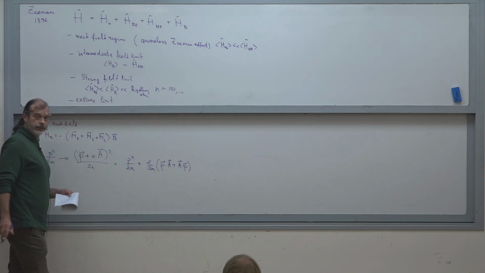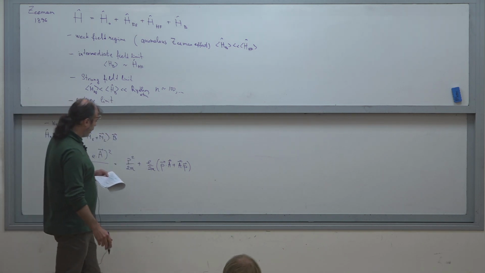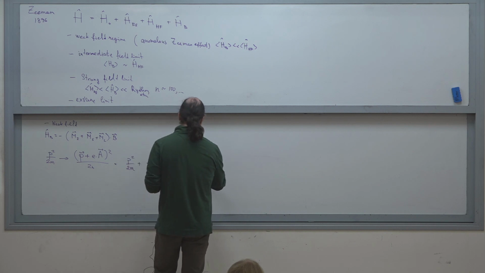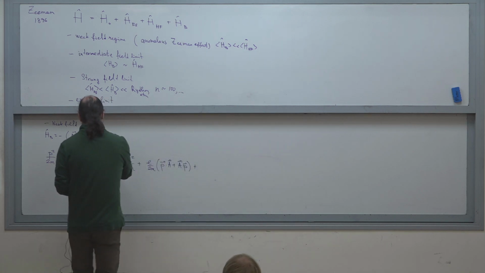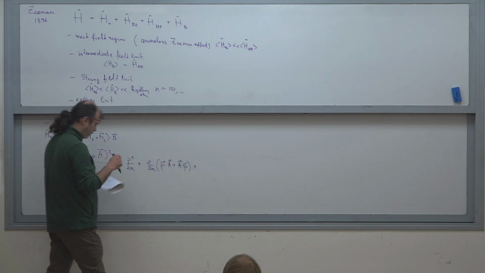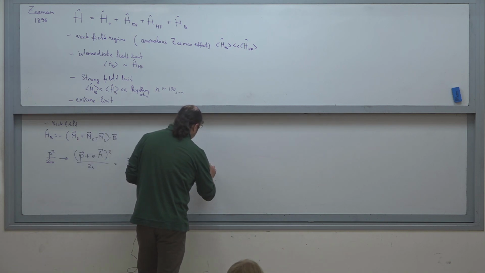So they do not commute, right? And plus an additional term, which is the square of this part, so this is e squared divided by 2m multiplied by A squared.